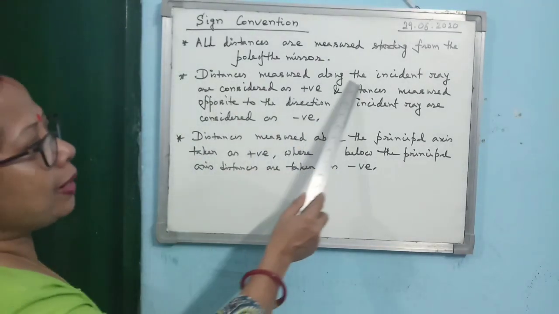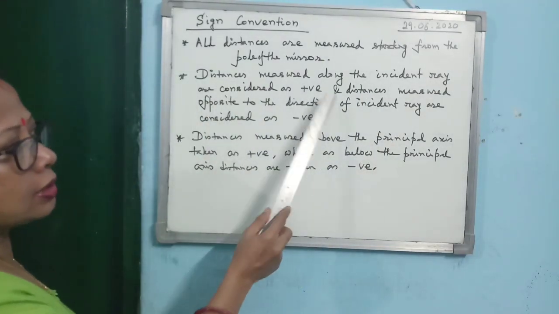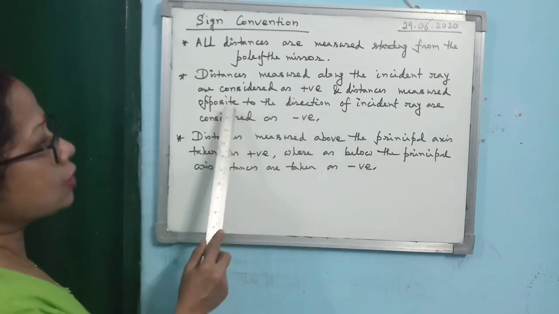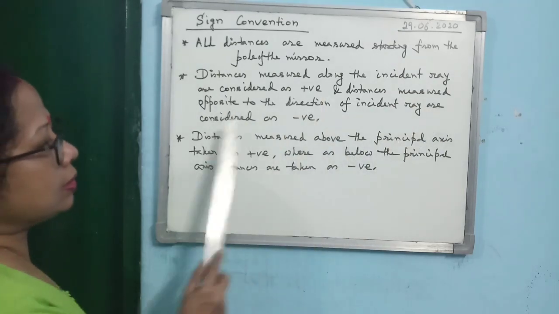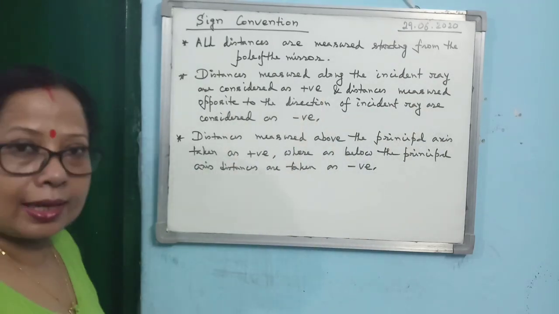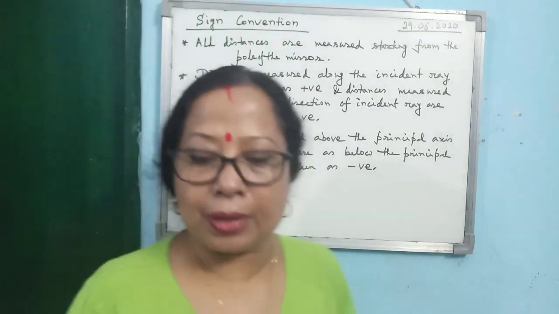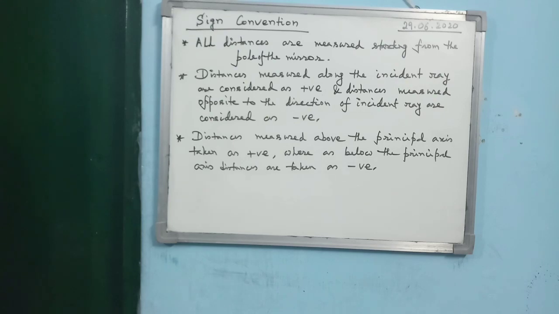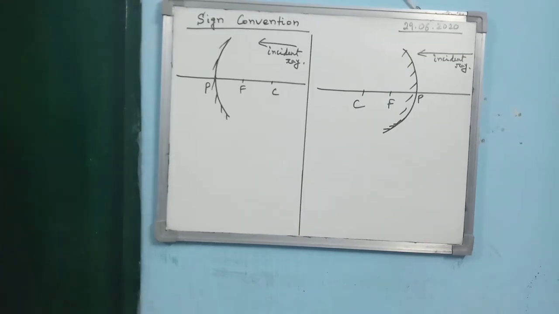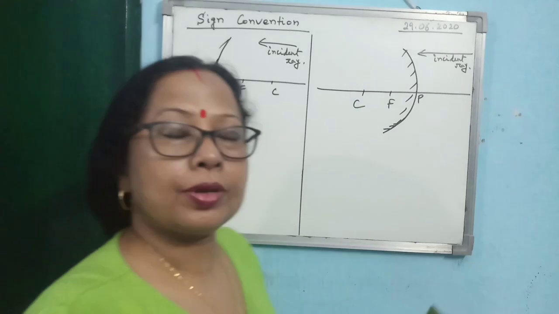So distances measured along the incident ray are considered as positive, whereas opposite to the direction of the incident ray is considered as negative. The next one is distances measured above the principal axis considered as positive and below the principal axis considered as negative.